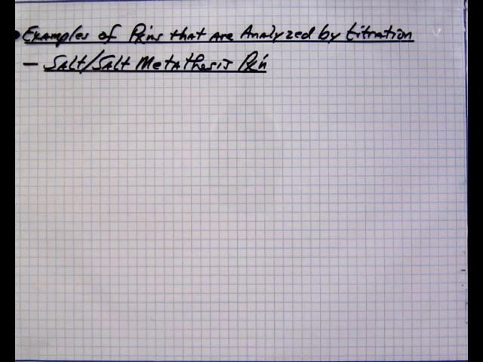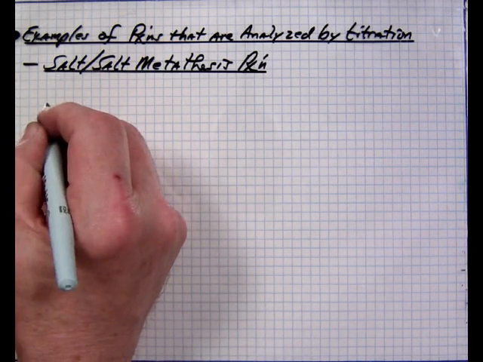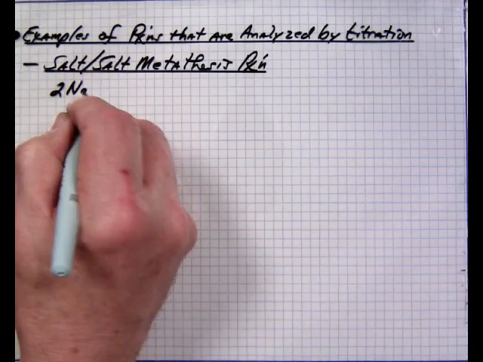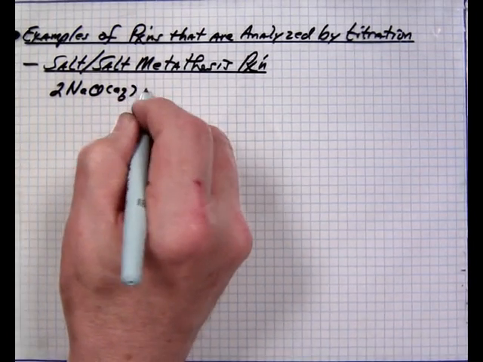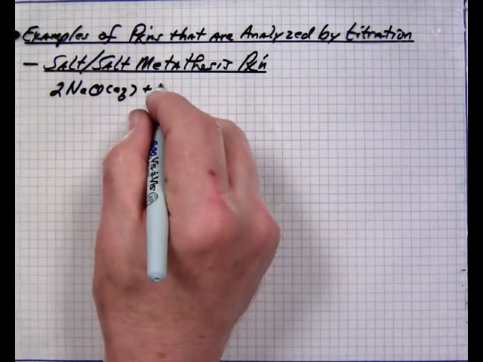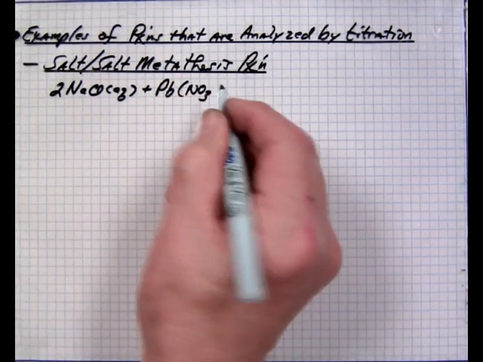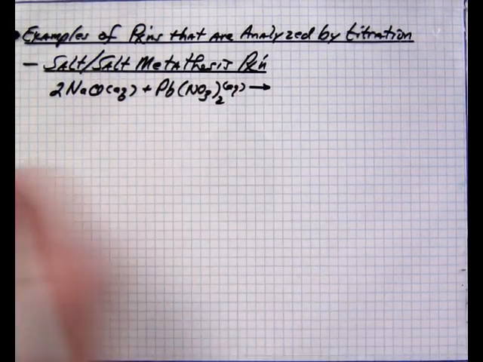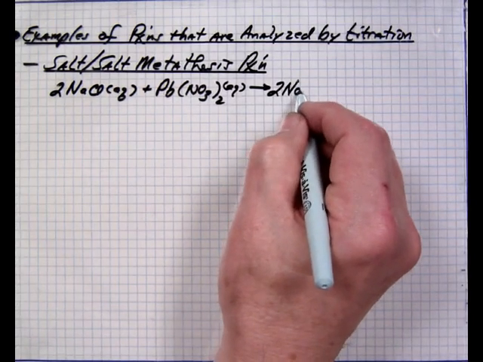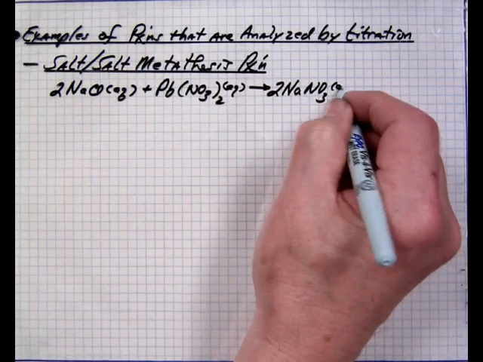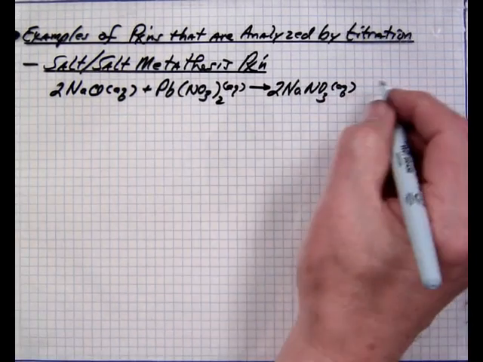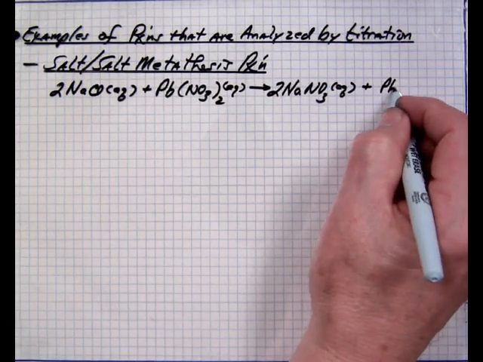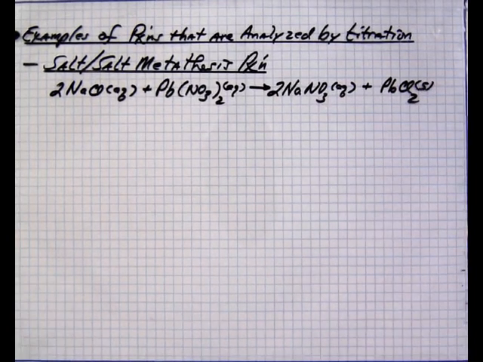Here's an example of the salt-salt metathesis reaction that ends in a precipitate: 2NaCl aqueous when added to lead nitrate aqueous forms 2NaNO3 aqueous and PbCl2 as a precipitating solid.